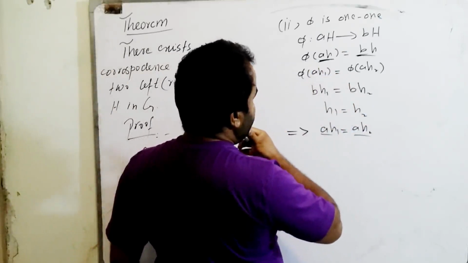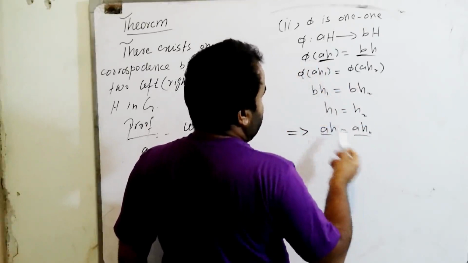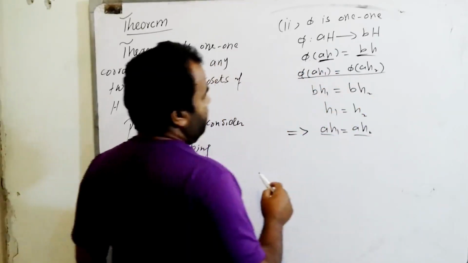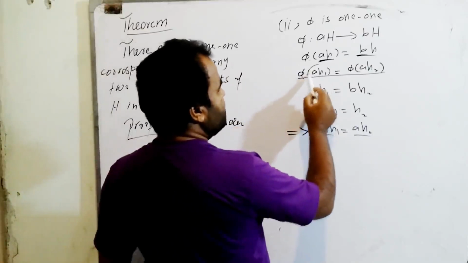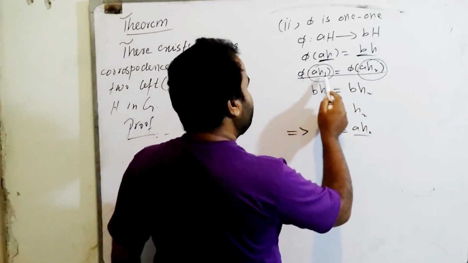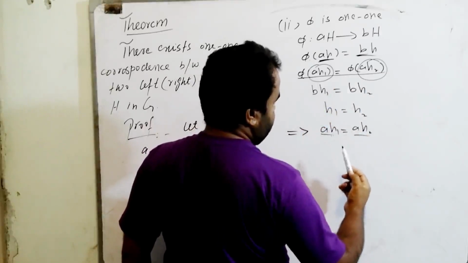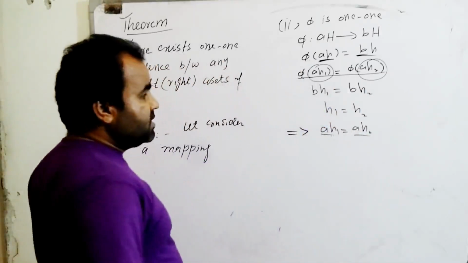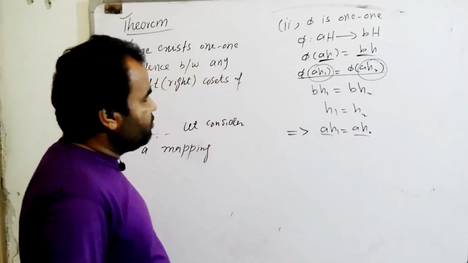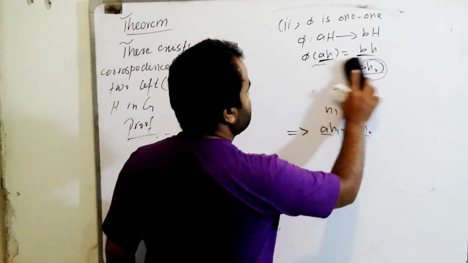When we apply phi on AH1, the pre-image is AH1, and for AH2 the pre-image is AH2. So the pre-images are equal, and when the images are equal the pre-images are equal, which means that phi is one-to-one. And now we will prove that phi is onto.